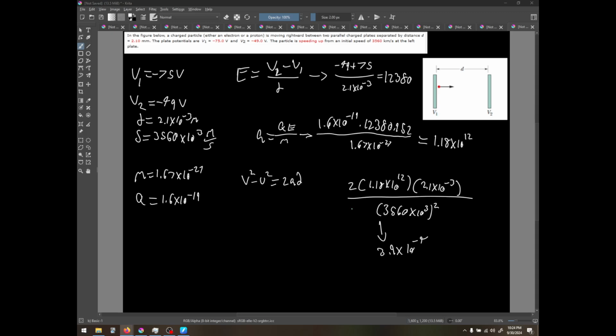Okay, let's think about this one more time. This is exactly what I put into the calculator. But this should be negative, it turns out.